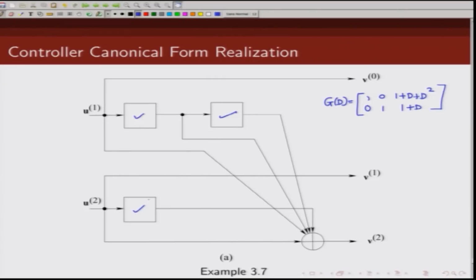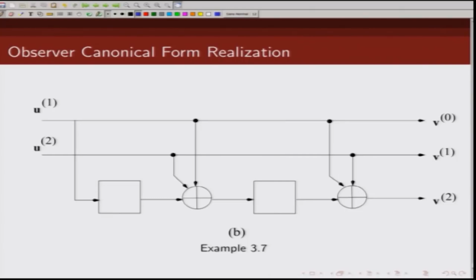Now, let us see the observer canonical form realization. Again, let me write down my generator matrix. This is 1 0 0 1, 1 plus D square, 1 plus D. So, we said one set of shift registers for each coded bit.